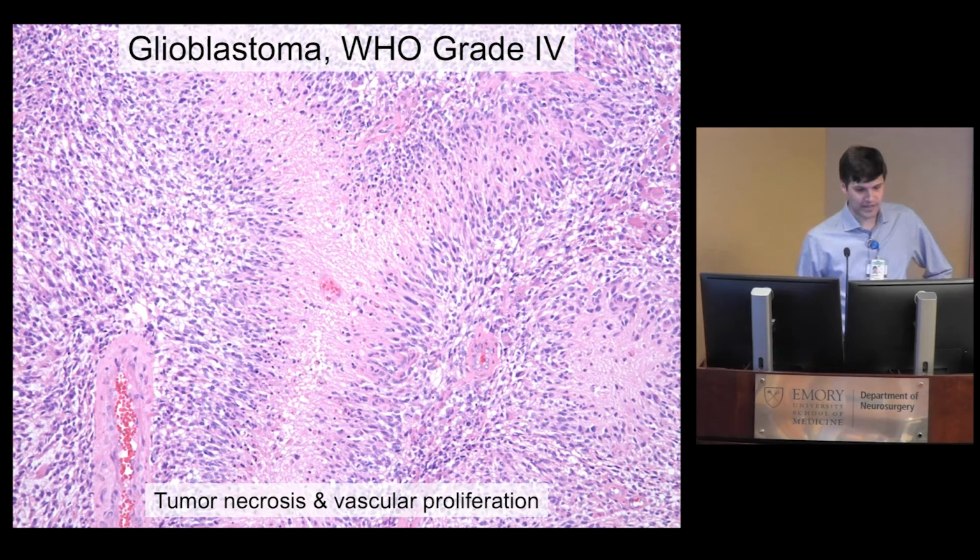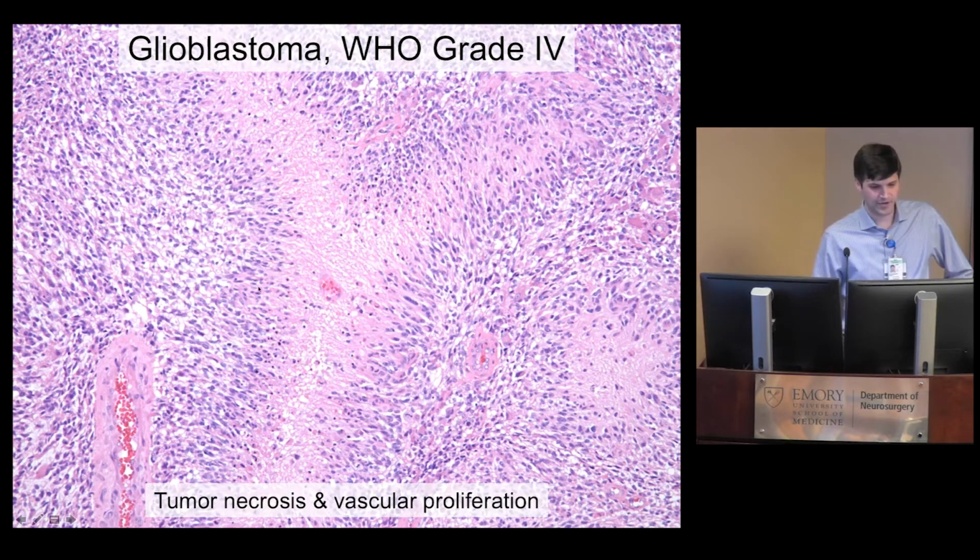All right. GBMs, of course, have the characteristic pseudopalisading necrosis quite often, or at least a necrosis of some stripe, tumor necrosis. And in general, they'll also show the thickened and reactive appearing vessels of vascular or endothelial proliferation. The general idea behind what produces this lesion is that GBMs dump tissue factor into the local vessels and cause thrombosis of the intratumoral vessels, and that causes a necrosis of the surrounding tissue.